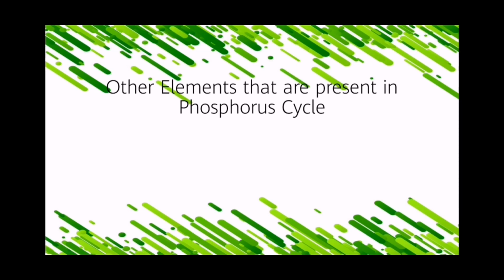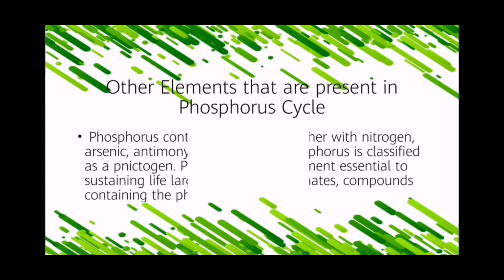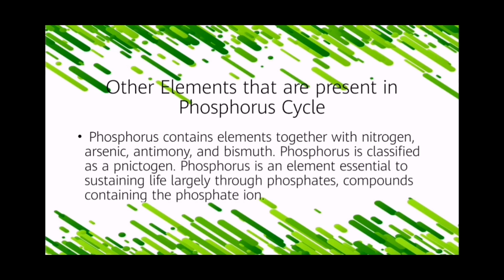And now let's move to the other elements that are present in the phosphorus cycle. The phosphorus cycle involves several other elements that interact and participate in the cycling process. Alongside phosphorus, the cycle includes elements such as carbon, nitrogen, oxygen, and hydrogen. Carbon is essential for the formation of organic compounds, including phosphorus-containing molecules.